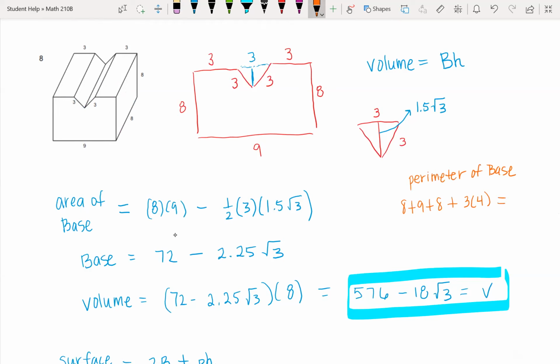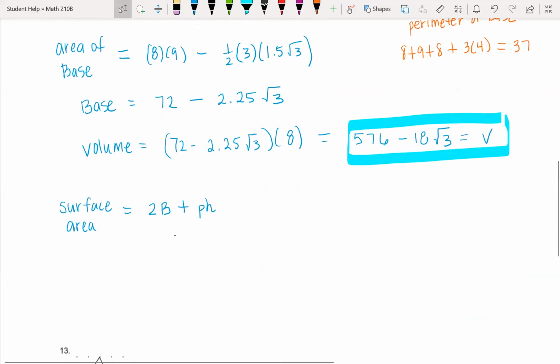So I'm getting 16 plus 37. Let me just double check that. Yeah, I'm getting 37.